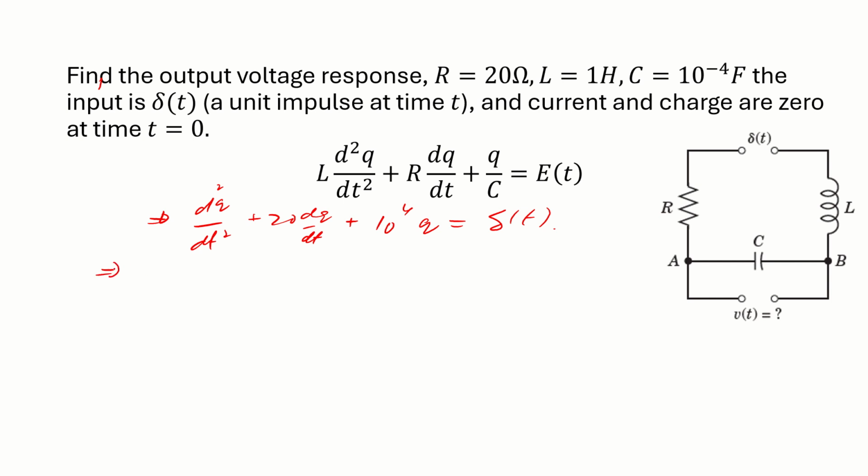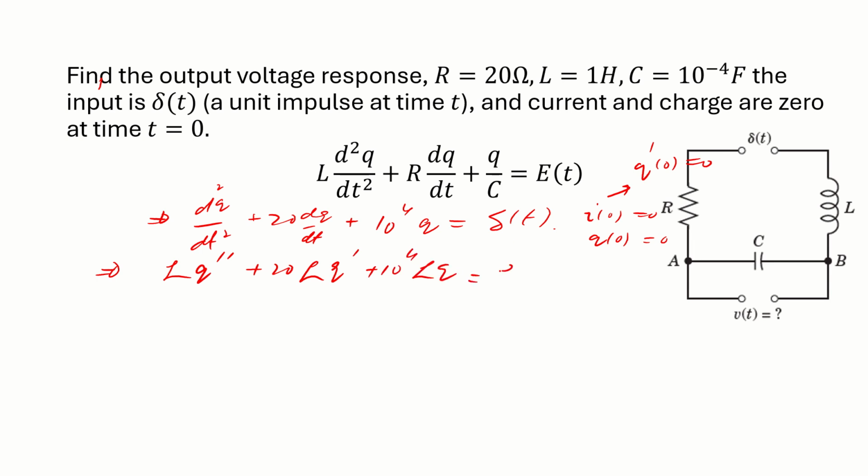Now applying Laplace transform, keeping in mind that I of 0 is 0, whereas Q of 0 is also 0. In fact, I is dq by dt, so this condition can be written as q dash 0 is equal to 0 as well. So applying Laplace on both sides: Laplace of q double dash, 20 times Laplace of q dash, 10 power 4 Laplace of q, and Laplace of delta t is e power minus s.